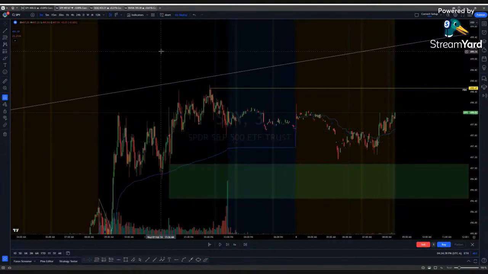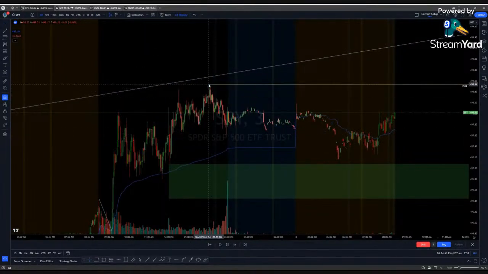So okay, we have this was the high from yesterday, correct? This was basically the high from yesterday's trading session at 498.53, correct?